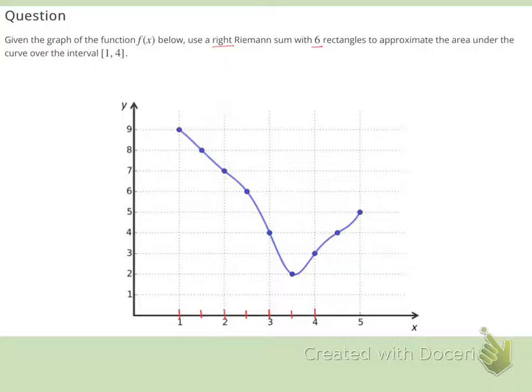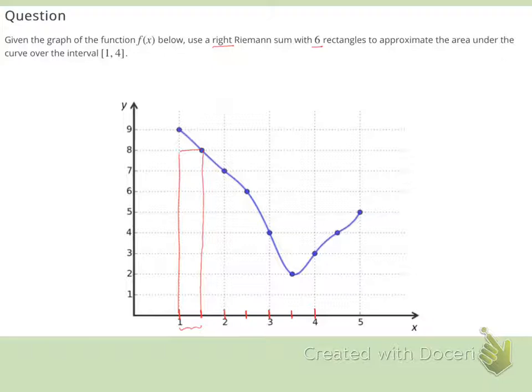Now, a right Riemann sum means that the height of the rectangle comes from where the right side of the rectangle hits the curve. So looking at this first rectangle right here from 1 to 1.5, the height of the rectangle is going to be where this right side hits the curve. So that's going to be the height of my rectangle.